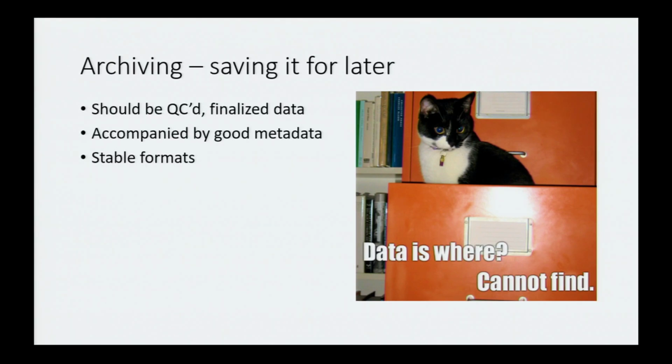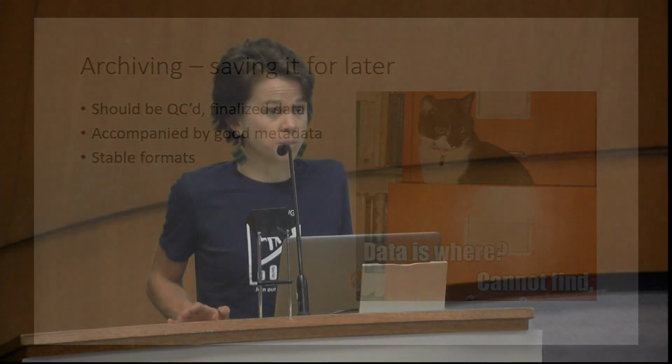So, document formats that can be opened using non-proprietary software, really basic CSV or text files rather than Access databases or Esri shape files. And on our GitHub site, where we have a lot more resources for you, there's a couple of documents recommending appropriate file types for different kinds of files.